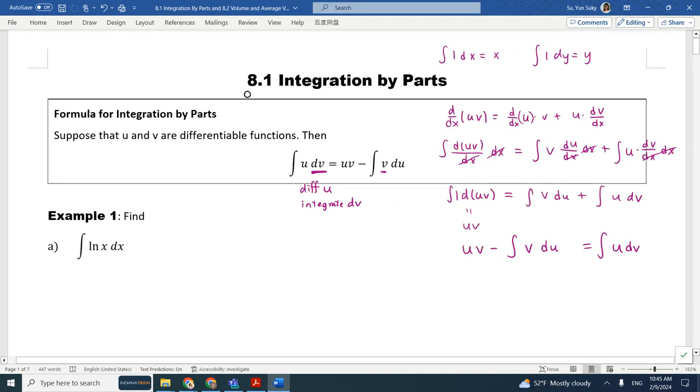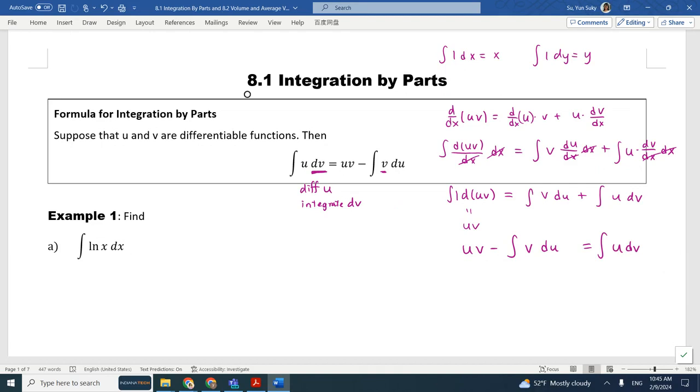Okay, everybody read with me. Integral u dv equals uv minus integral v du. Again, loud. Integral u dv equals uv minus integral v du.